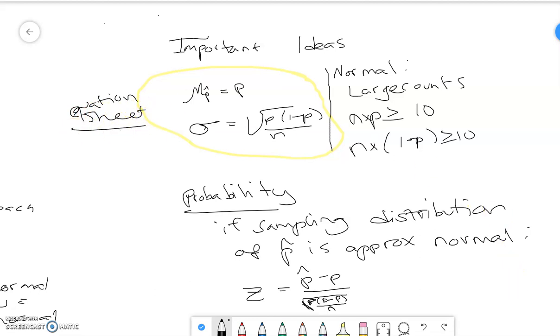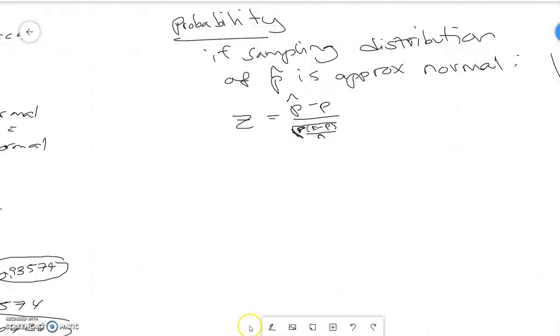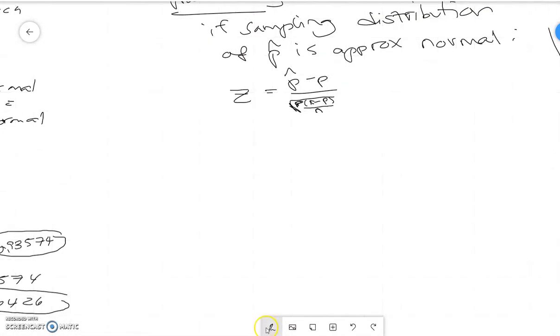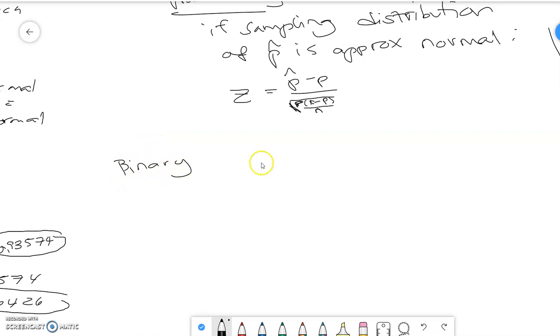And finally, I want you to notice that for our binomial distribution, the last unit, this was all dealing with counts: 20 orange candies, 16 orange candies, whatever.